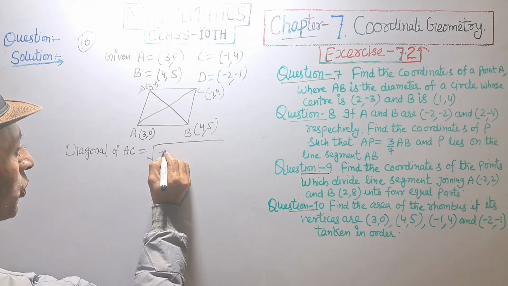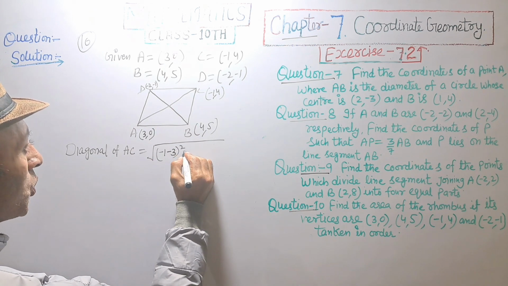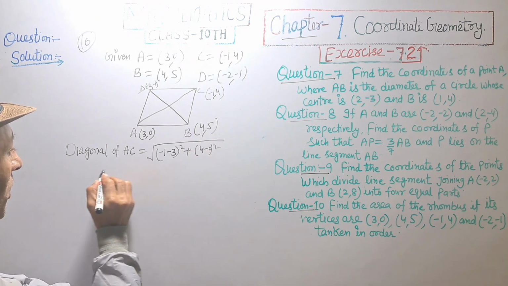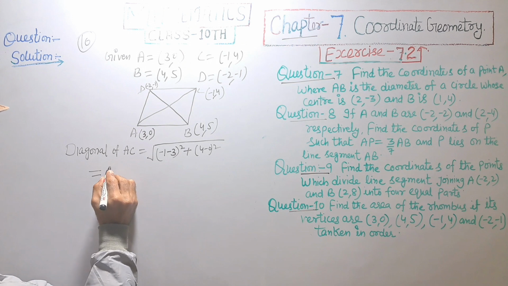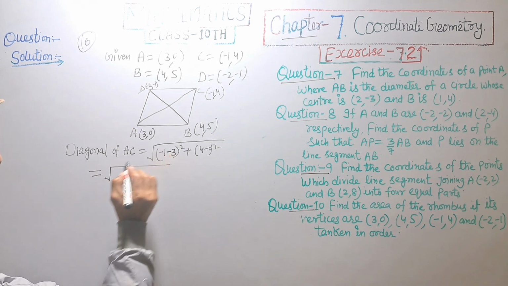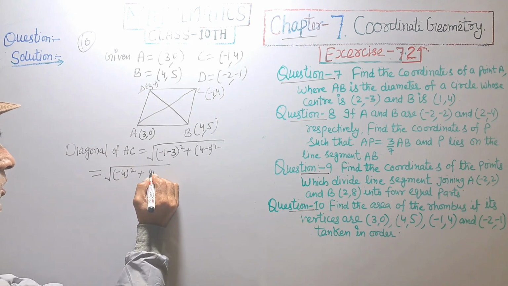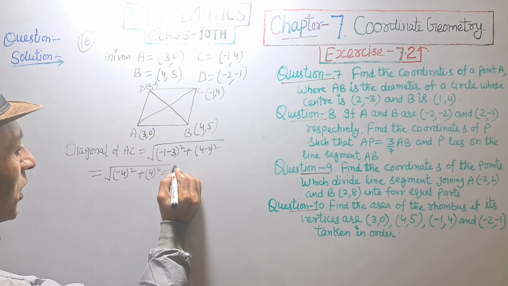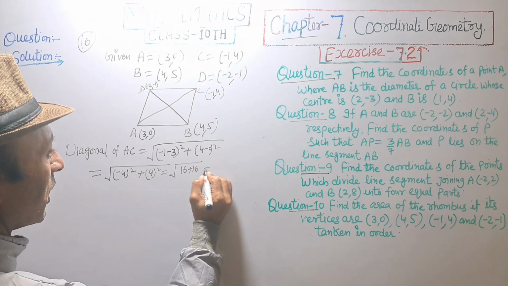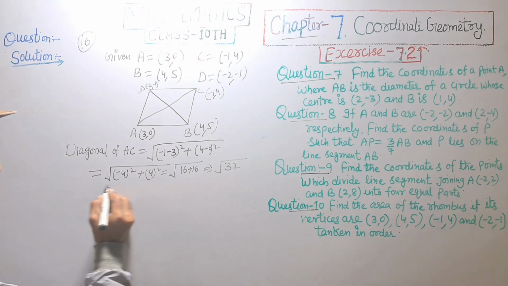That is (-1 minus 3) raised to power 2 plus (4 minus 0) raised to power 2. That is (-4) raised to power 2 plus 4 raised to power 2, which is 16 plus 16, equal to 32.